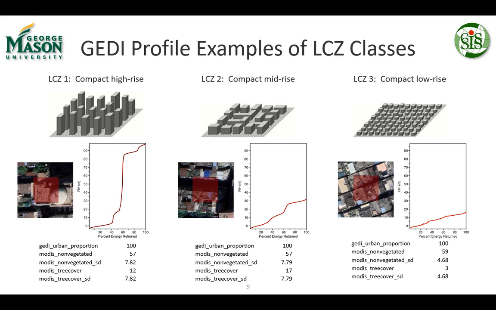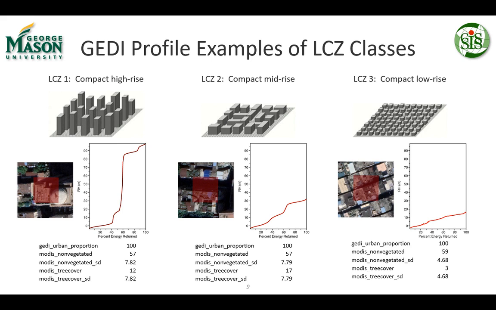This is basically point cloud data, and you see that this is the percentage of relative height. At about 100 meters, you get 100% energy return, so you get the entire profile. This is brown, and then you see this energy return, and this is basically the top of the building.